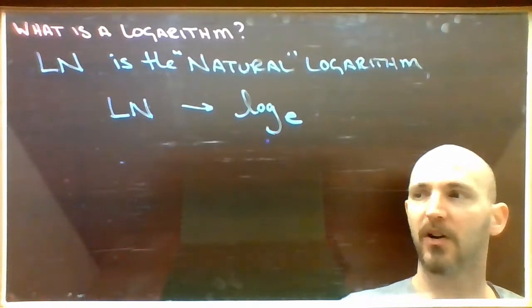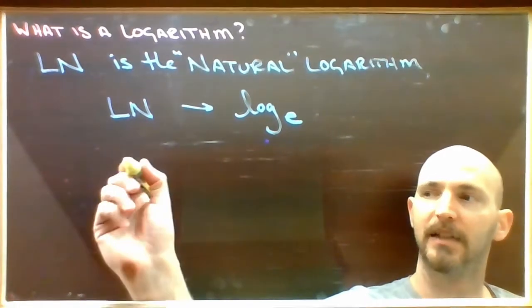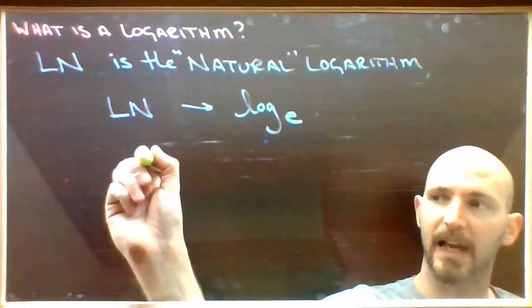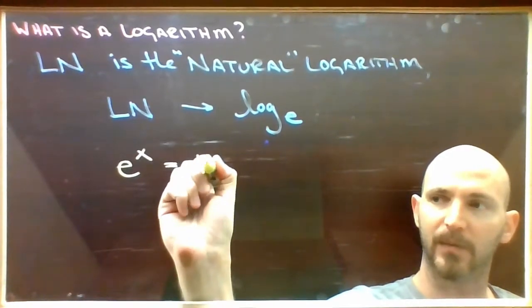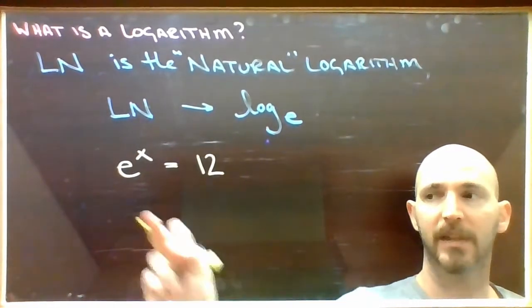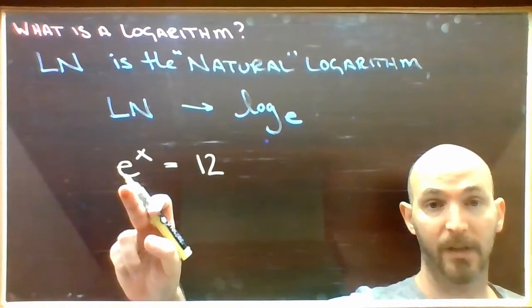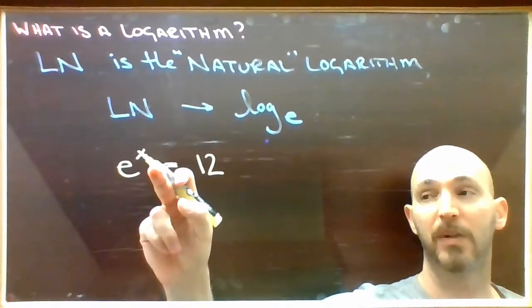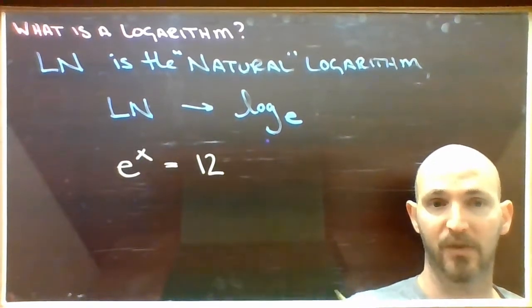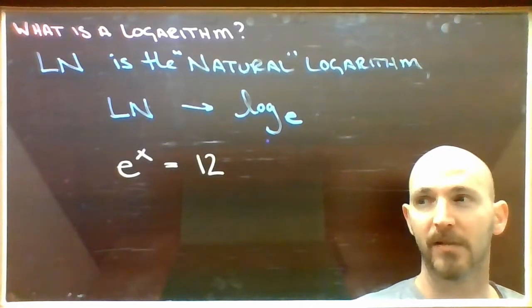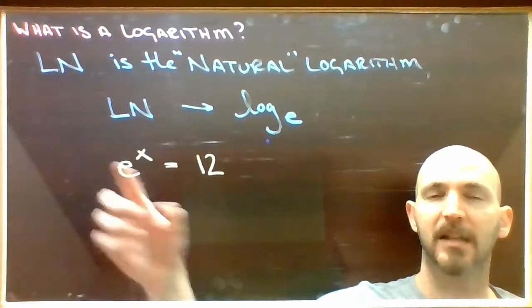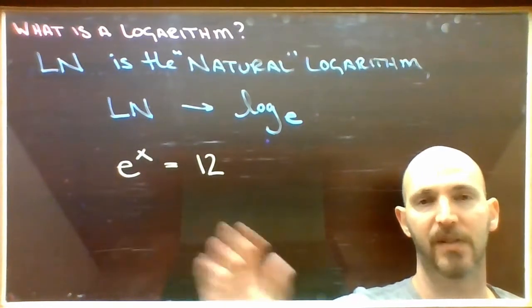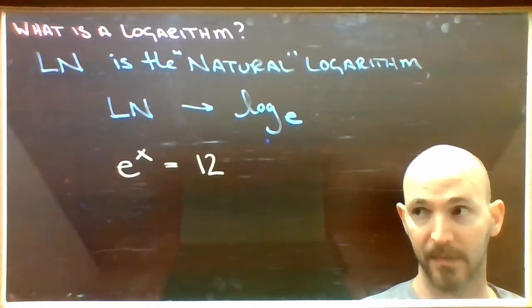So if you come across a question like this, e to the x equals 12, what that's asking you to do is to take Euler's number and find what exponent you would have to put on it to get 12. The reason it's here is just as an exercise in how to use logarithms.